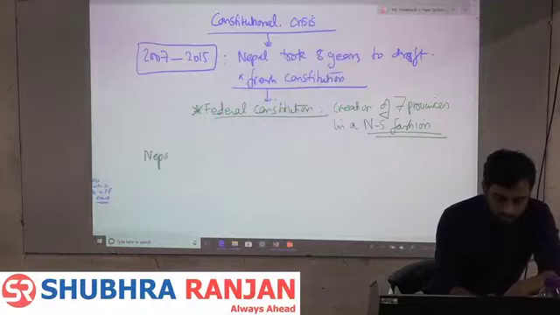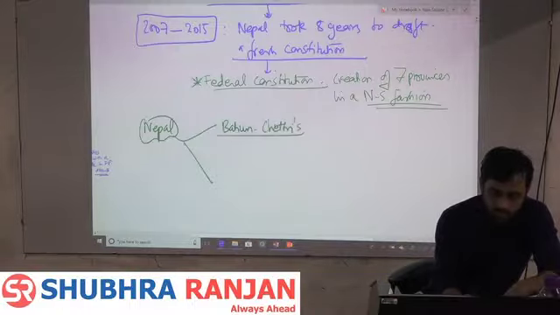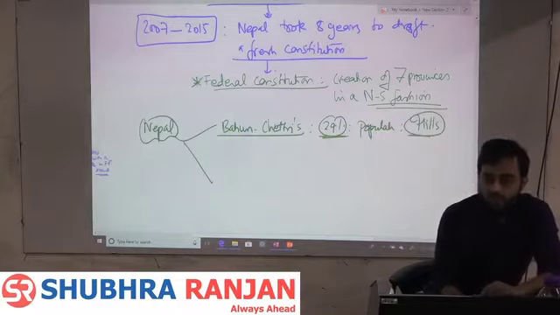Actually, in Nepal, there are broadly 2 groups, the Bahun Kshetris. I'll come to it. Bahun Kshetris, which constitute 29% of the population in Nepal, live in the hill regions of Nepal.